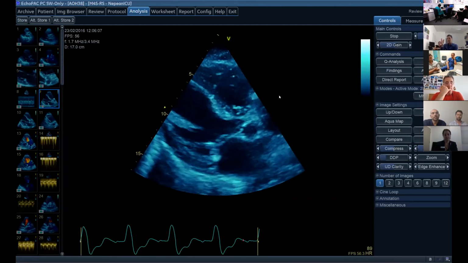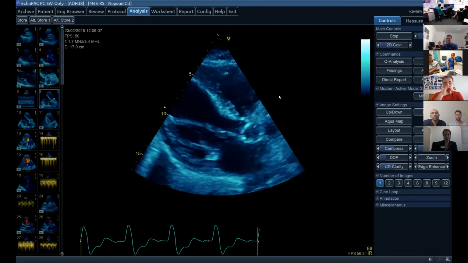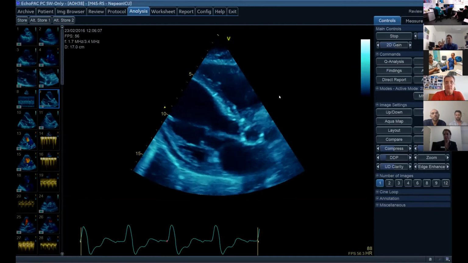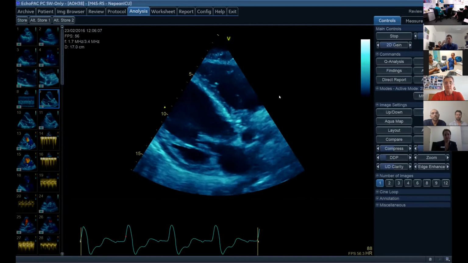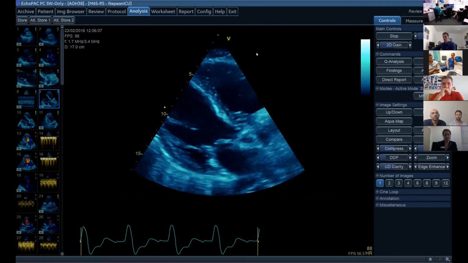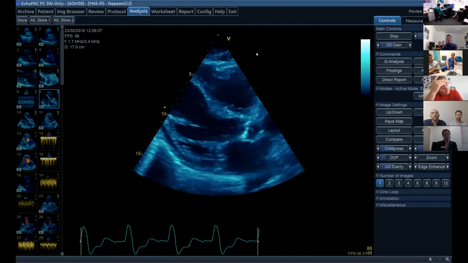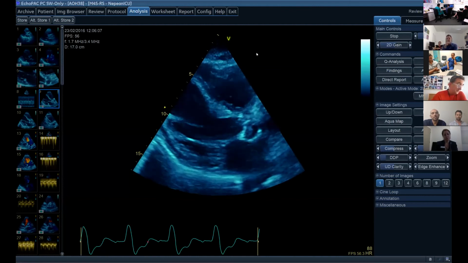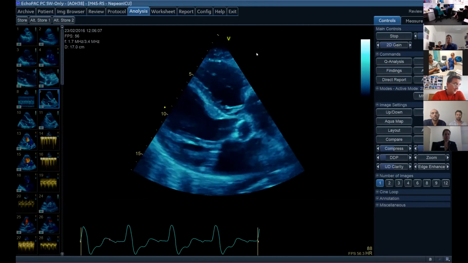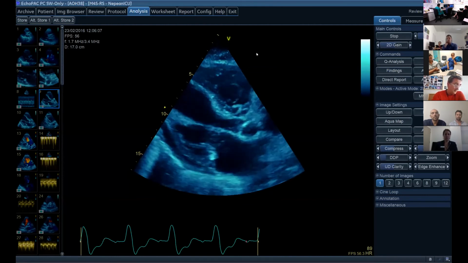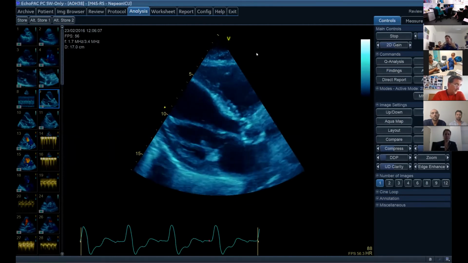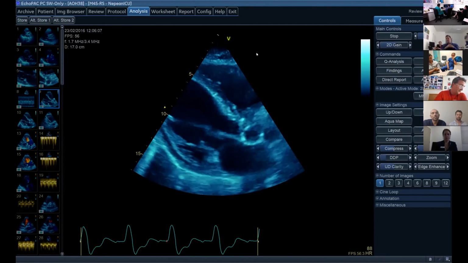So I'm probably going to show you gradients that are not severe, potentially with a low stroke volume. Is it hemodynamically significant? Well, it's all about putting that into context. But if a guy is hypotensive with this, you've got to be thinking that gradients might increase.